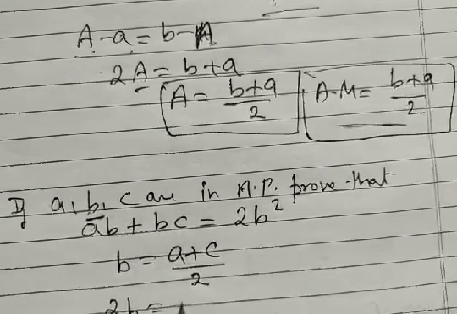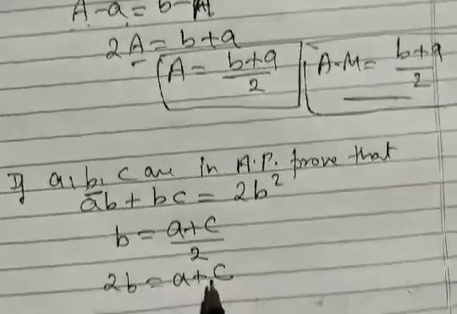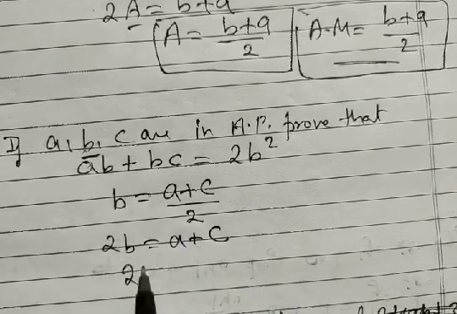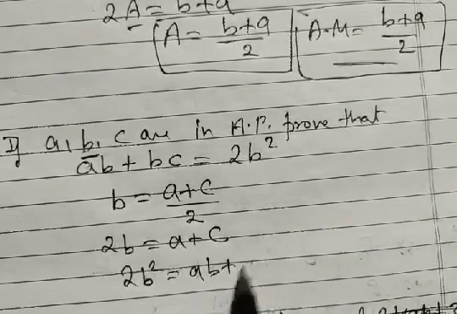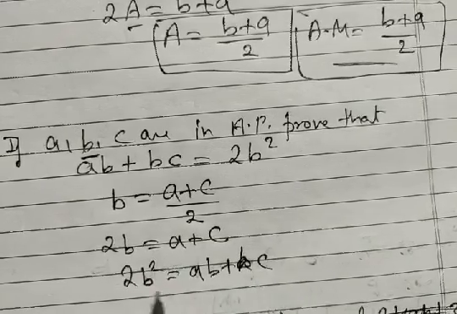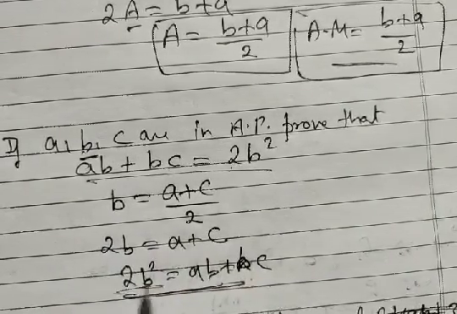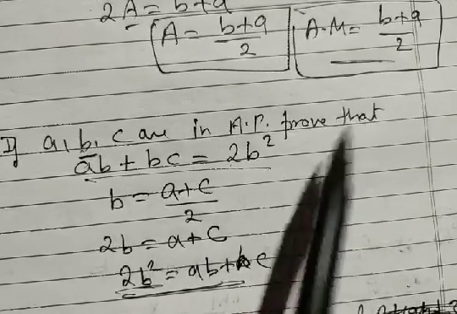Then 2B is equal to A plus C. We multiply both sides by B, and we get our required result: AB plus BC is equal to 2B square.